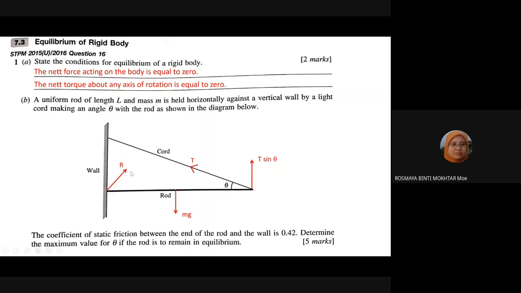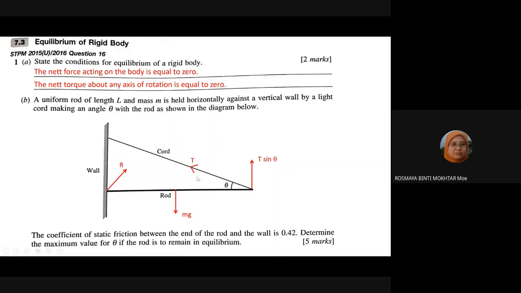For some questions we can just say R, but for some questions like those we will discuss later, we need to resolve R into two components, N and the friction.